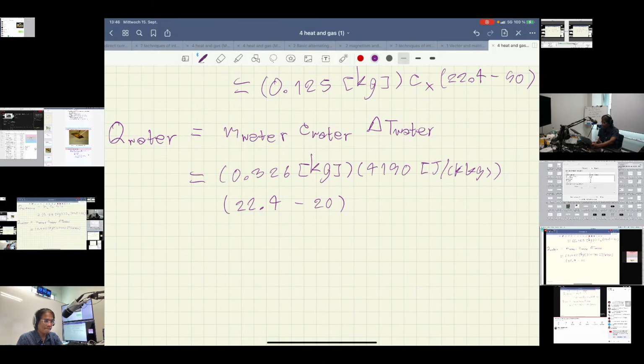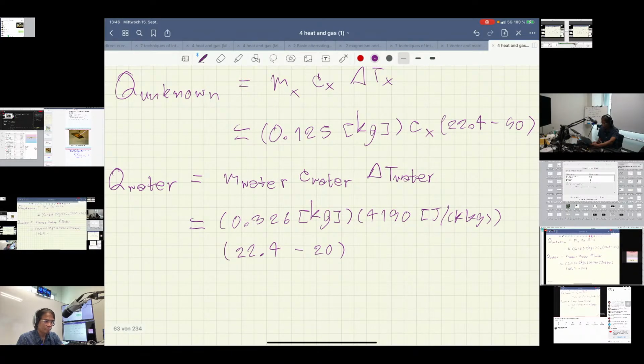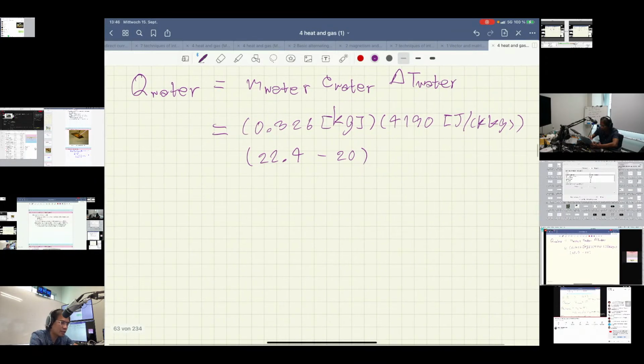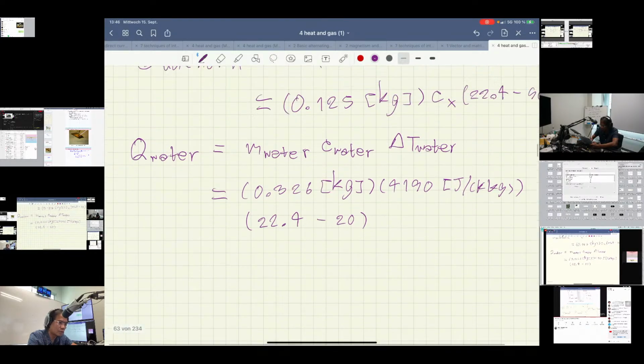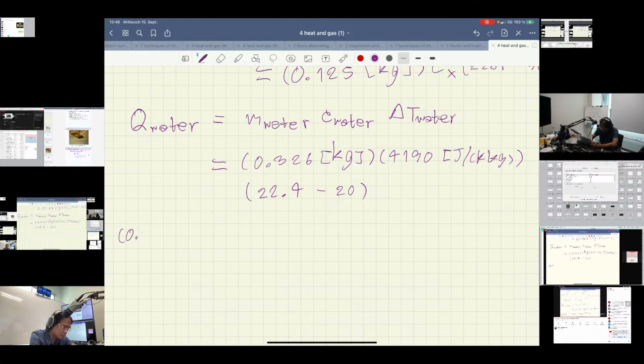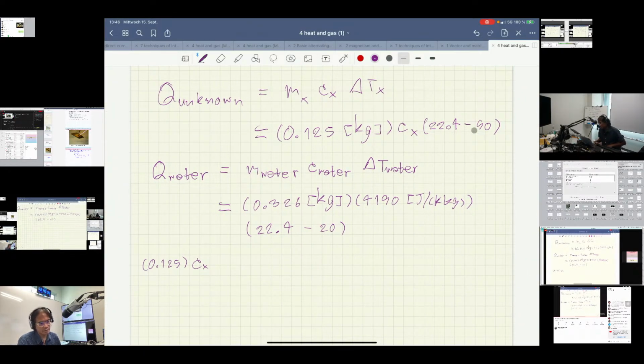Okay, and we want to find C, right? We leave everything here in this form, and the first term is unknown: 0.125 and Cx, and we have to find the difference, which is 22.4 minus 90, that is negative 67.6, right?